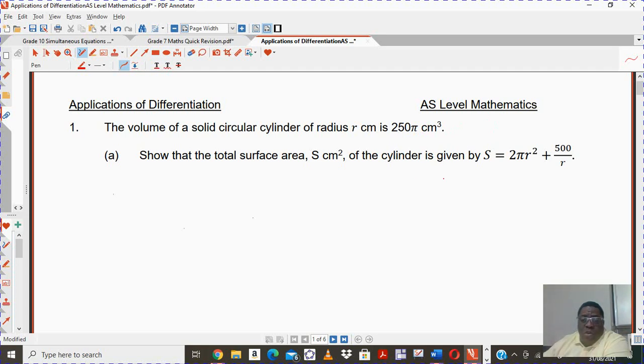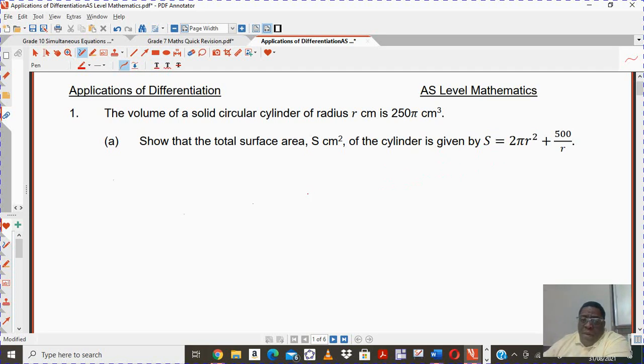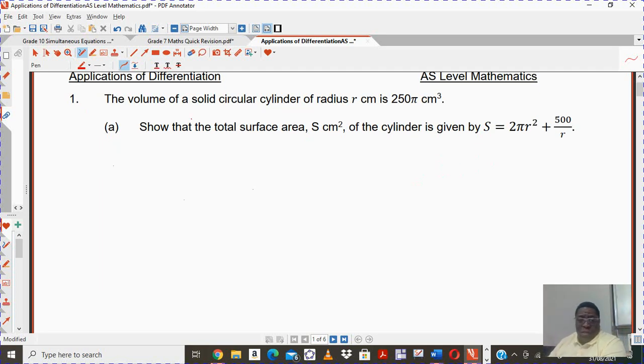Now we're supposed to show that the total surface area of this solid circular cylinder is given by that formula there.